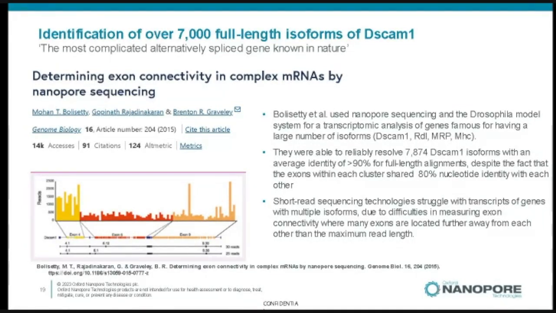One of the most astounding findings in this work is that they were able to resolve 7,874 DSCAM1 isoforms with an average identity of more than 90% for full-length alignment. This gene is by far the most complicated alternative splice gene known in nature. And even more amazing is that the exons within each cluster share 80% nucleotide identity with each other, and with nanopore sequencing technology, we are able to resolve them.